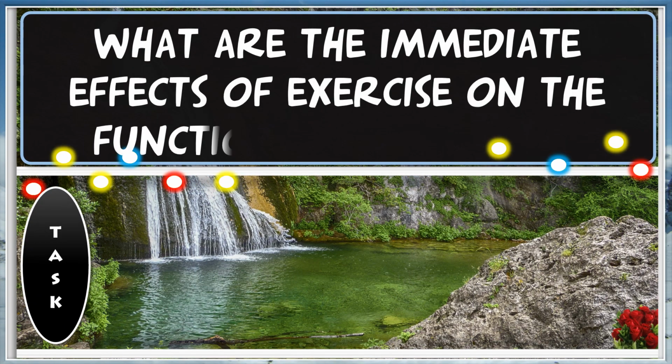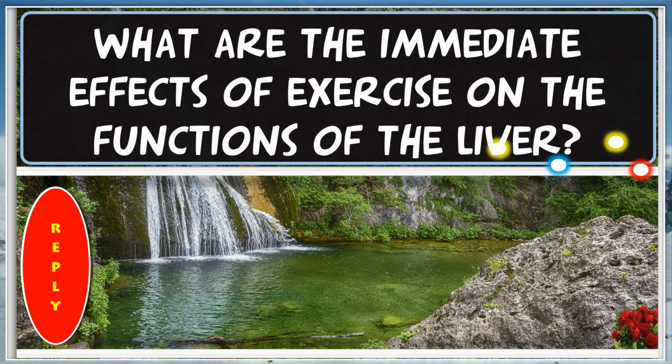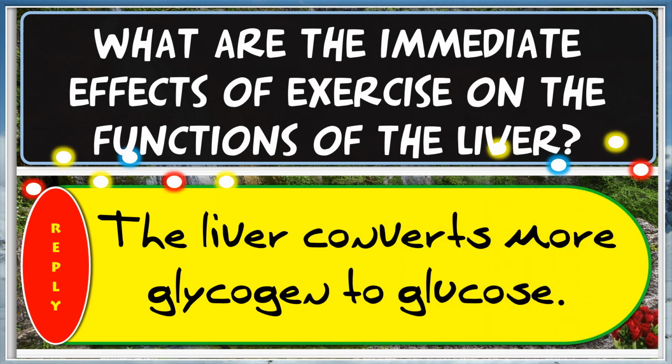What are the immediate effects of exercise on the functions of the liver? The liver converts more glycogen to glucose.